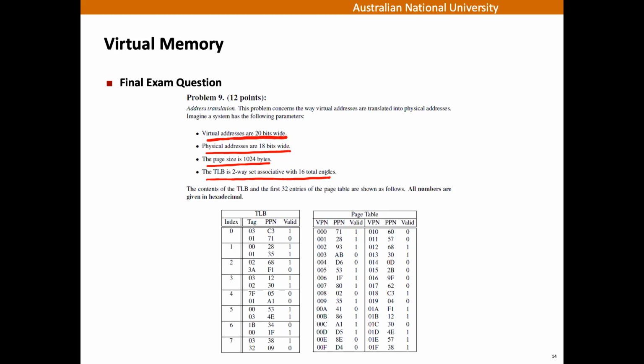We build a cache. We put it in the actual hardware inside the memory management unit. TLB hit, we win. TLB miss, we need to go to memory and read the page table entry from the page table. The contents of the TLB and the first 32 entries of the page table are shown below. All numbers are in hexadecimal.